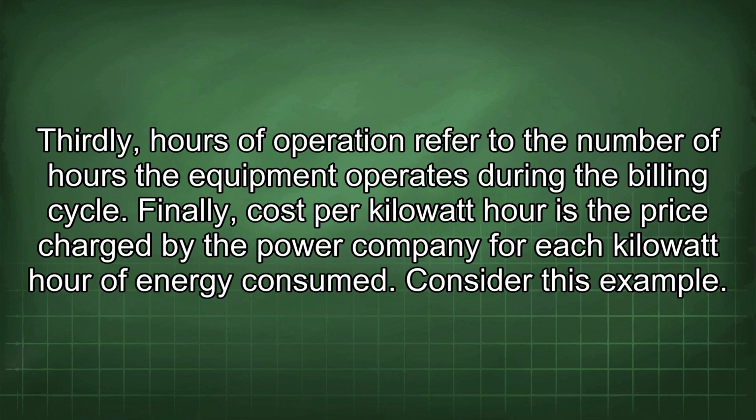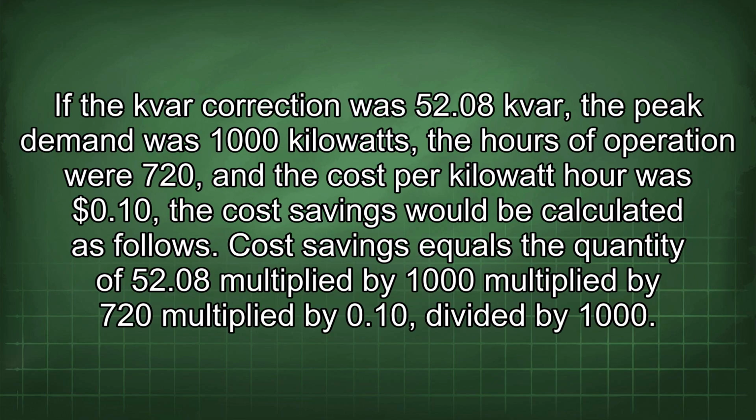Consider this example. If the kvar correction was 52.8 kvar, the peak demand was 1000 kilowatts, the hours of operation were 720, and the cost per kilowatt hour was 10 cents, the cost savings would be calculated as follows. Cost savings equals the quantity of 52.8 multiplied by 1000 multiplied by 720 multiplied by 0.10 divided by 1000.